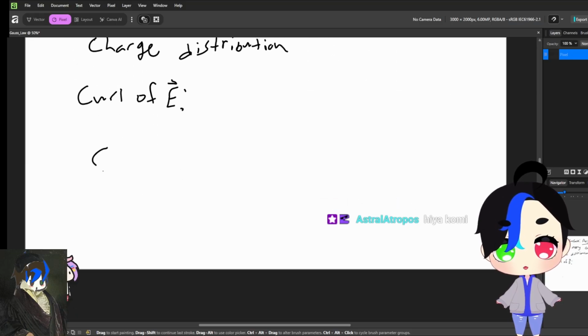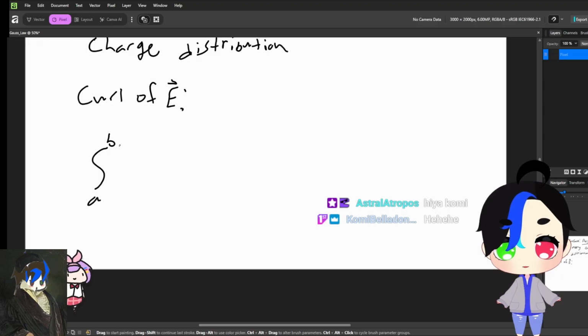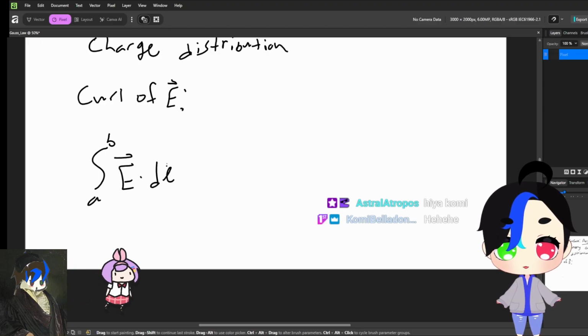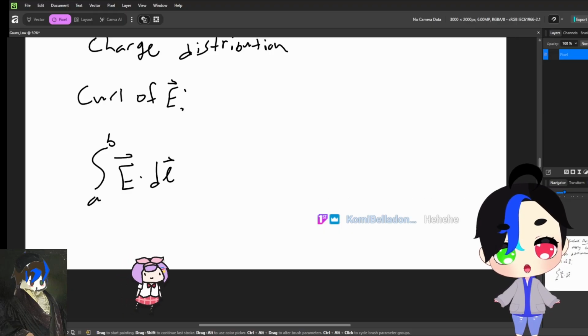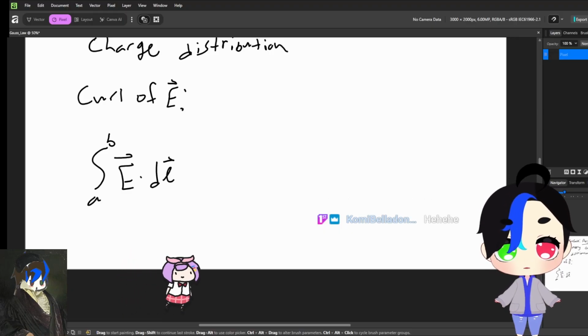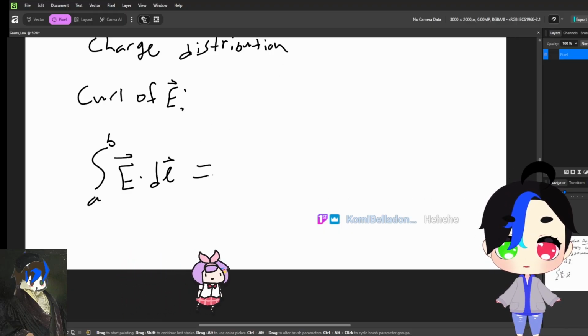So I'm going to look at the curl of E by looking at the line integral of E, and trust me, this will make sense in a bit. In spherical coordinates, I'm still going to look at the point charge.